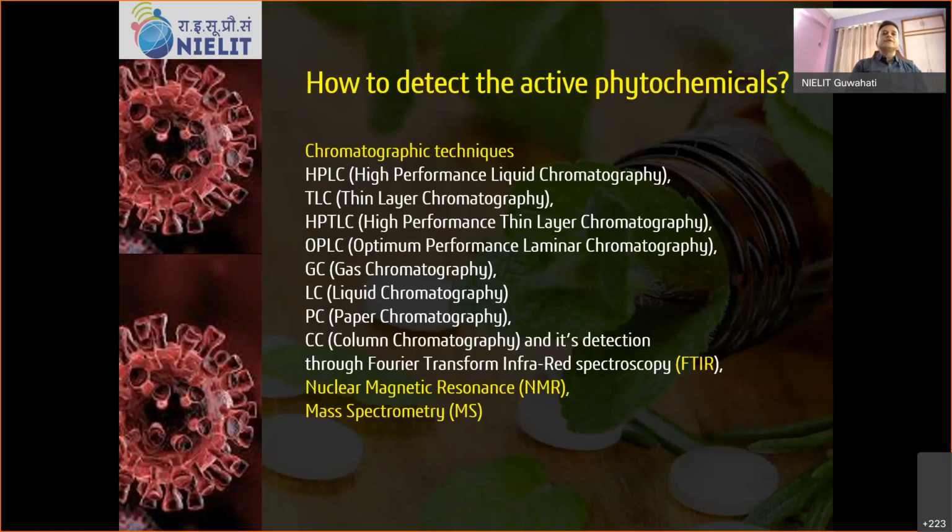Those software packages associated with GCMS and LCMS can give you a better understanding of the active compounds present in a plant species, in a sample that you give for GCMS, LCMS, or any kind of chromatographic and mass spectroscopic analysis.